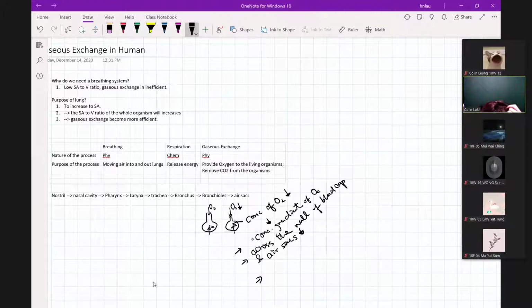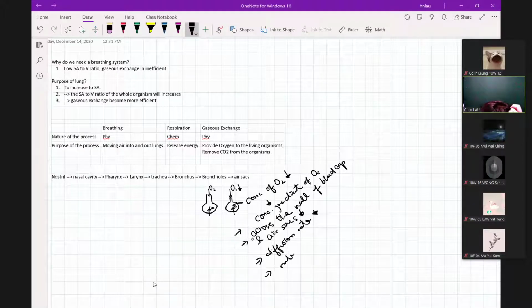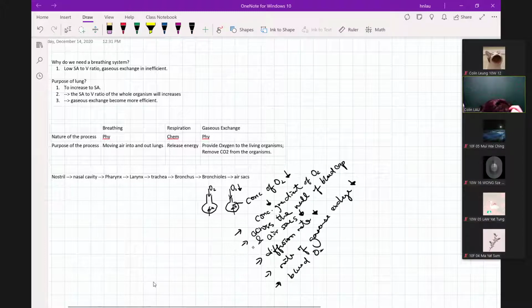So if that happens, then diffusion rate also drops. So rate of gaseous exchange also drops. So if rate of gaseous exchange drops, then blood oxygen level increases. Decreases. 咁咪少咗 less oxygen is supplied to other any types of body cells.